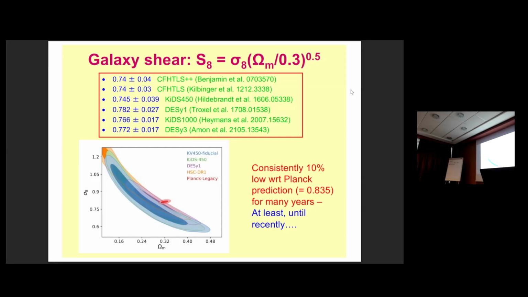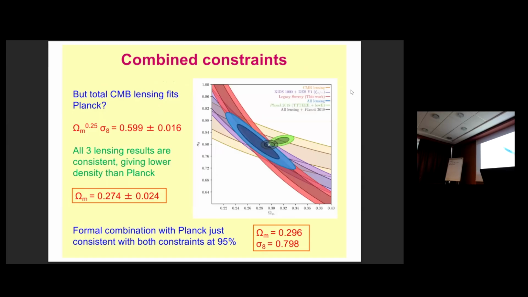So DES, like KiDS, would need to change their tune completely. Otherwise, we are still going to be left with an indication from galaxy lensing that things are low on this particular parameter.